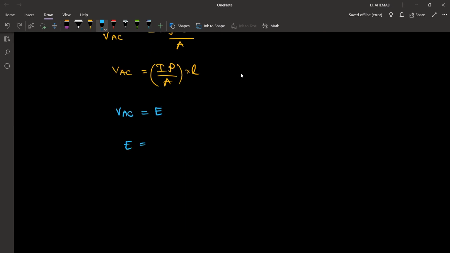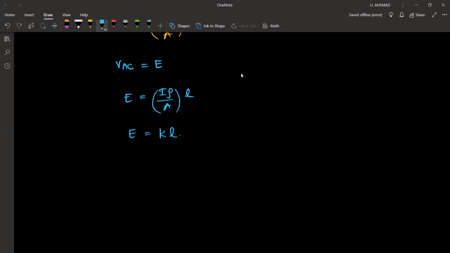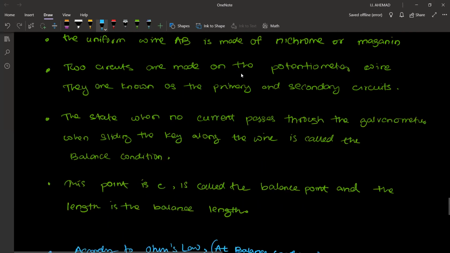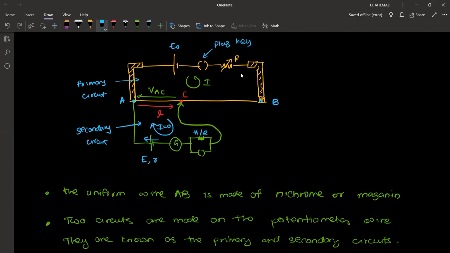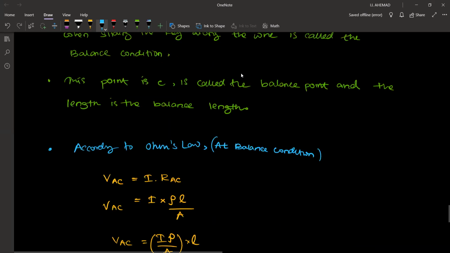Then E is equal to I rho L over A. So this is equal to a constant K times L. E is proportional to the length. So just by measuring the length, we can find out the EMF E. Is this equation clear?